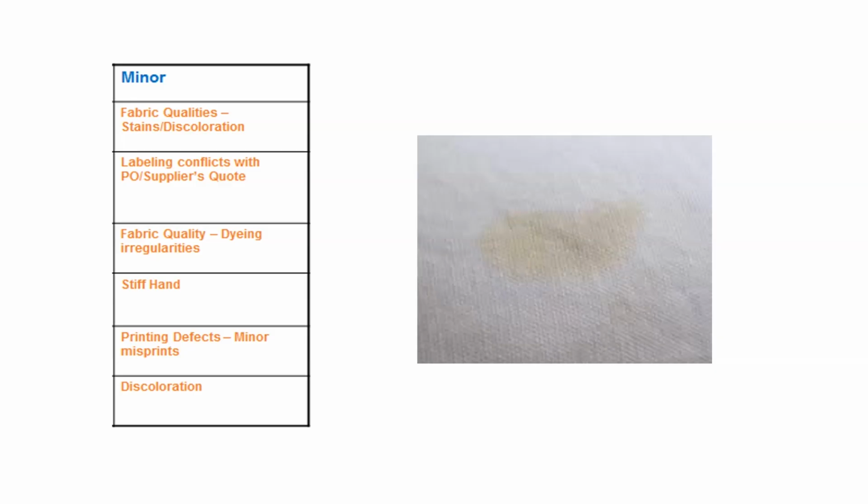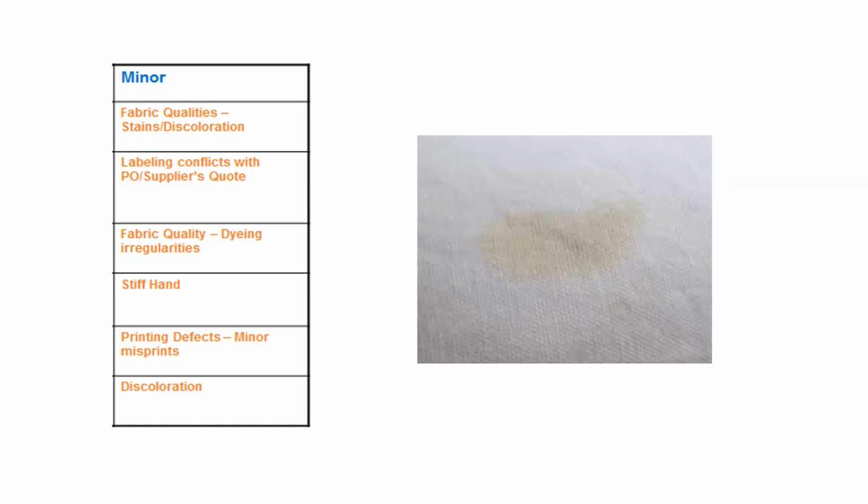Major defects, yes, we can still repair, but sellability is reduced. Minor defects, you can use that material. Sellability will not be that much affected, but of course the value of the product will diminish because of certain defects. So that is the intensity of the defects, major and minor.